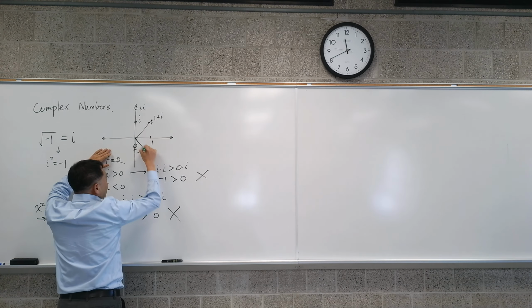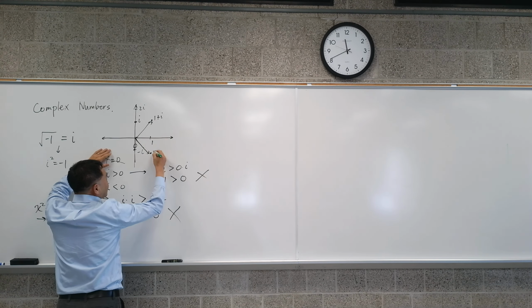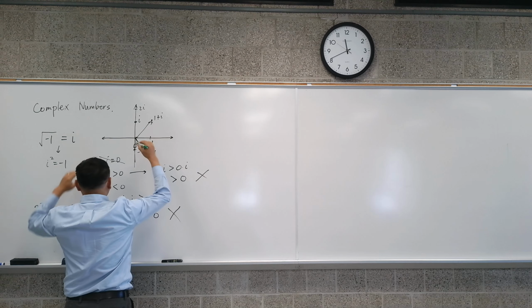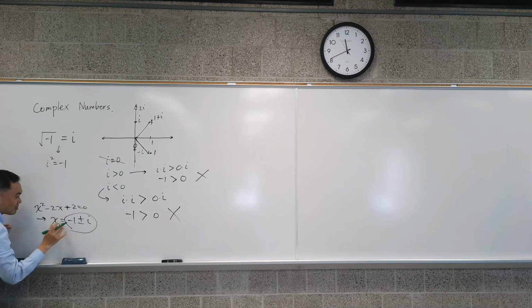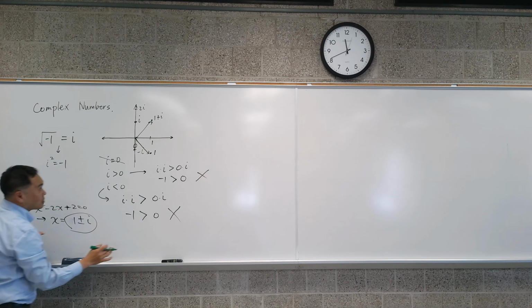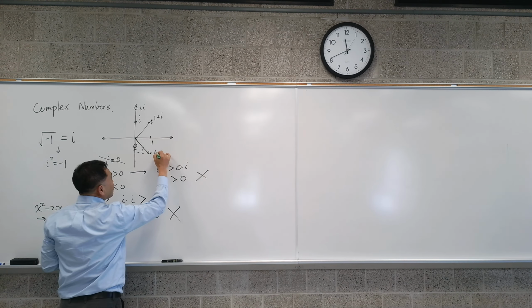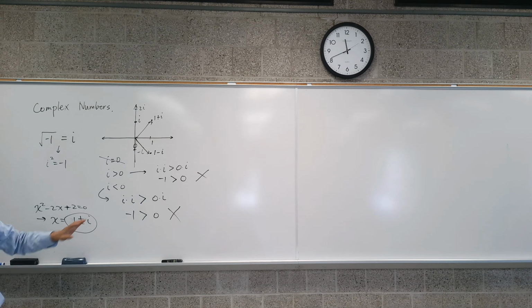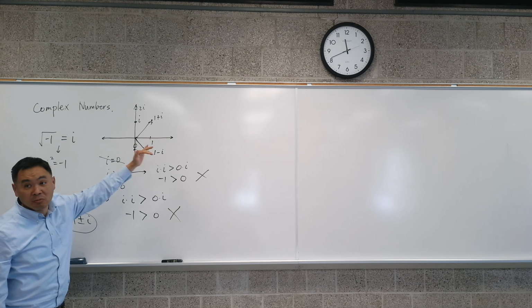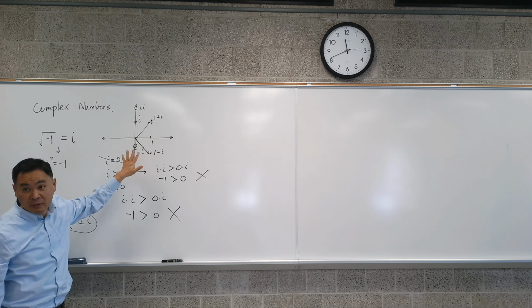Sorry, let me fix this, because I want plus 1. So if you solve this with the plus or minus sign, you get 1 plus or minus i, and they can be found on this complex plane. So what you get is not just the number line, but the entire complex plane.